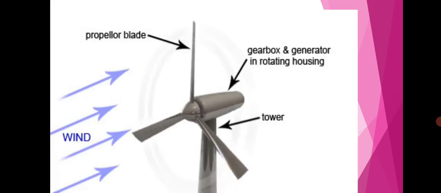The windmill mainly consists of a number of blades which rotate about an axle mounted on a pole. The wind energy is used to rotate the wheel. One end of the axle is connected to the armature of a generator, which rotates between the north and south poles of a strong magnet.